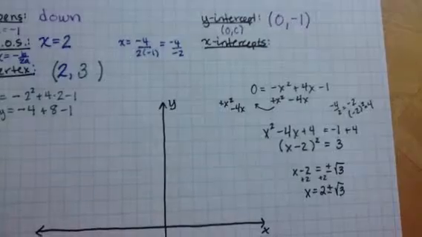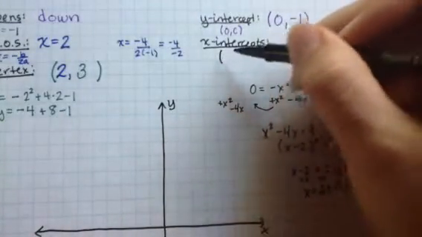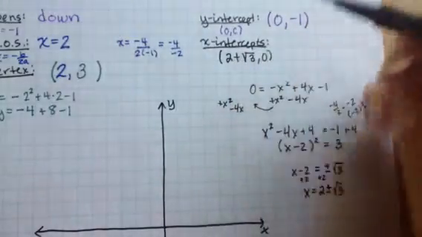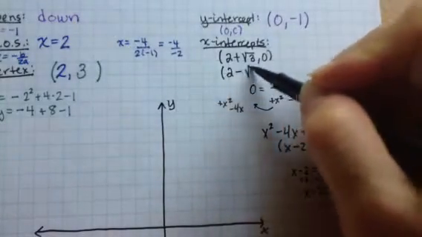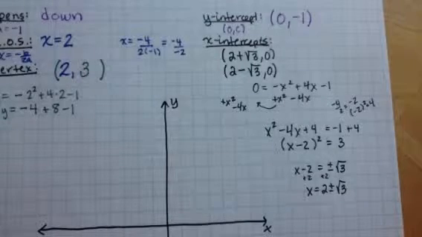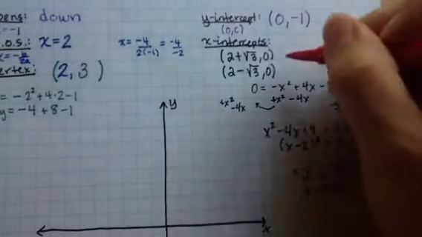That's kind of an odd look for an x-intercept, but that's what it is. We have x equals 2 plus the square root of 3, comma 0, and then we have x equals 2 minus the square root of 3, comma 0. Those are my x-intercepts. Now, in order to be able to graph those, I'm going to have to get a decimal approximation. I don't know how to graph 2 plus the square root of 3.